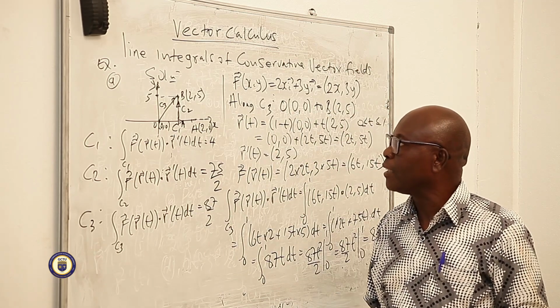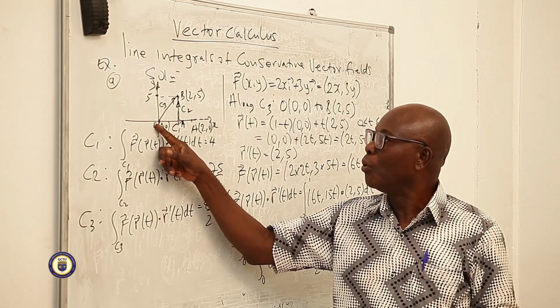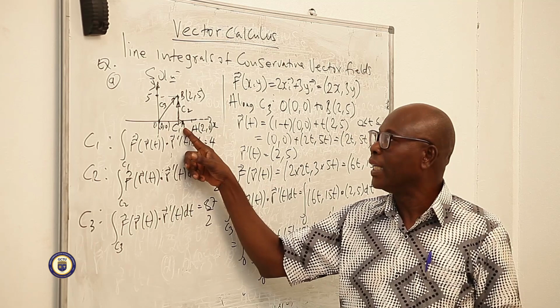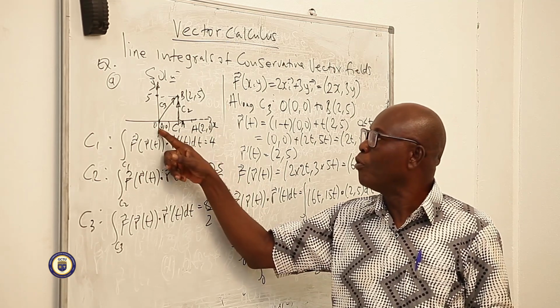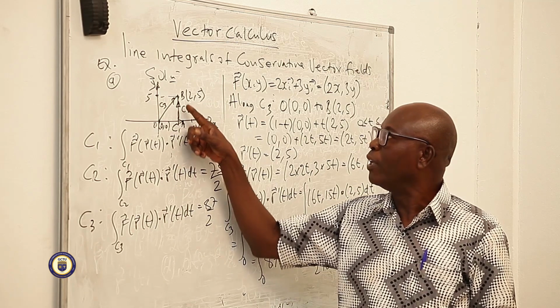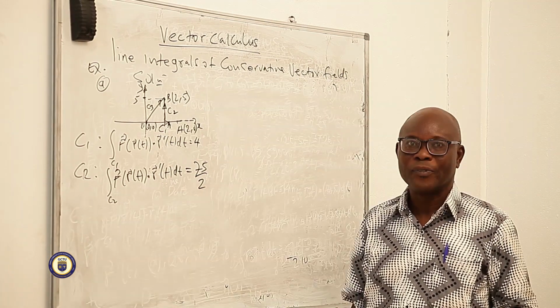And so let's analyze the answers that we have gotten. When we decided to move from point 0 to point A, we had 4. And if we moved from point A to point B, we had 75 over 2.